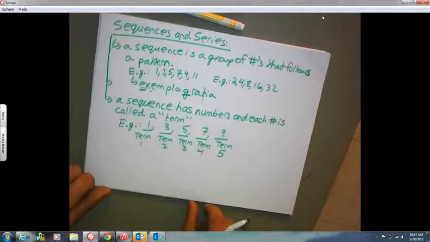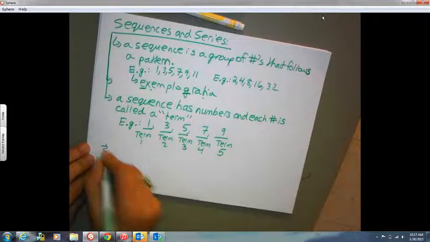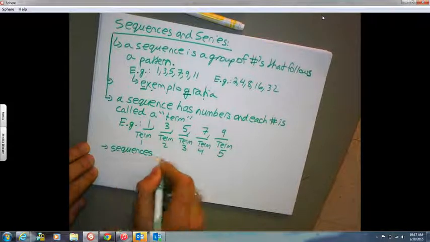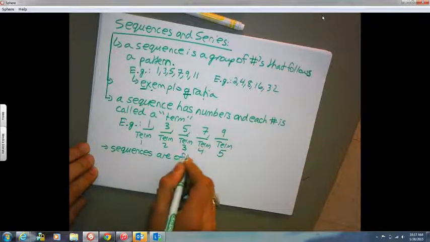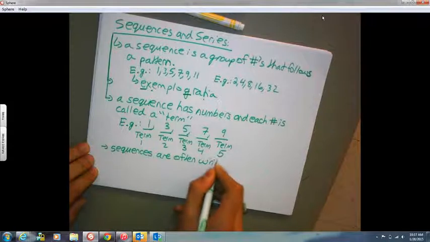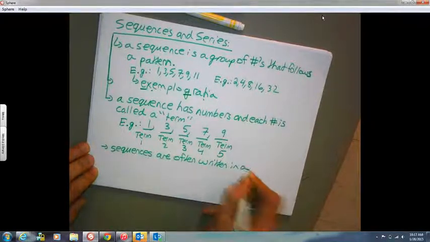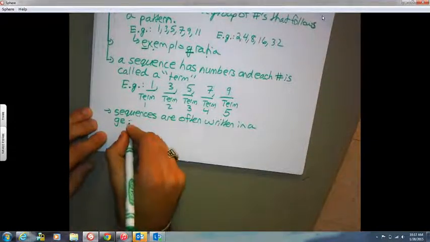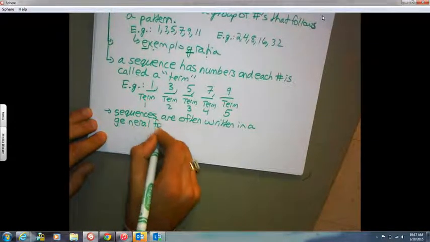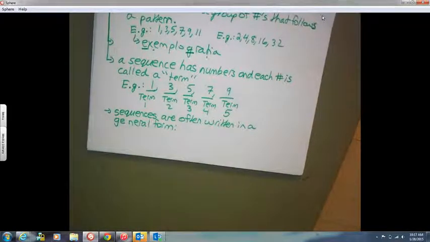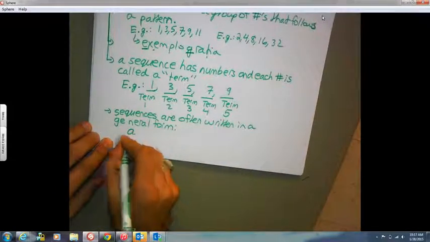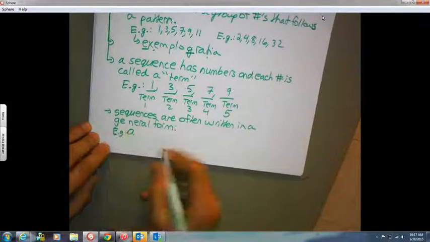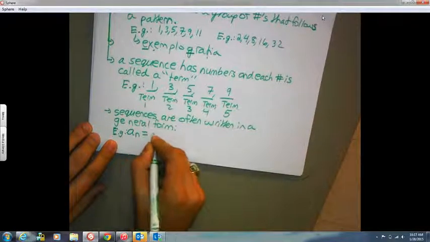And finally, sequences are often written in a general form, such as another example, a sub n equals 3n plus 5. I literally just made this up.